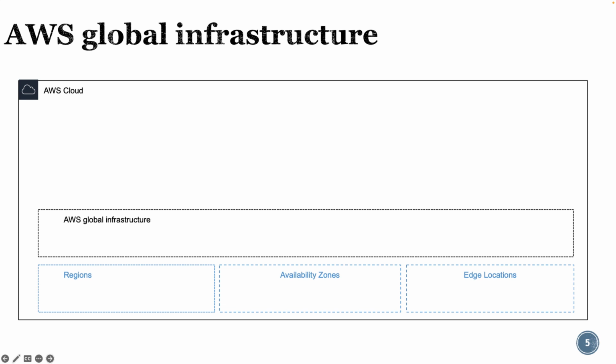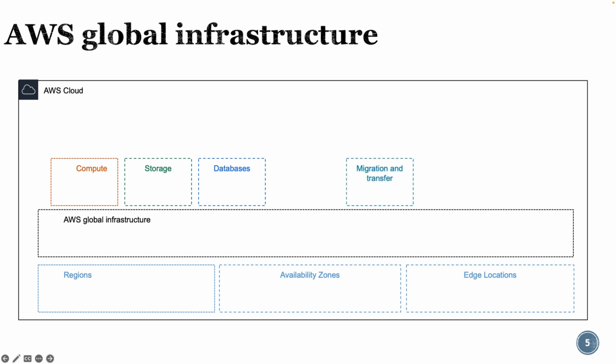And then on top of this global infrastructure, we have high-level services. So we have a level of compute, and examples of compute services are EC2 and Lambda. Then we have a level of storage, like S3 or EFS. And then we also have a level of databases, so RDS, Aurora, DynamoDB. And we'll cover all of these services later under these fundamental lessons.